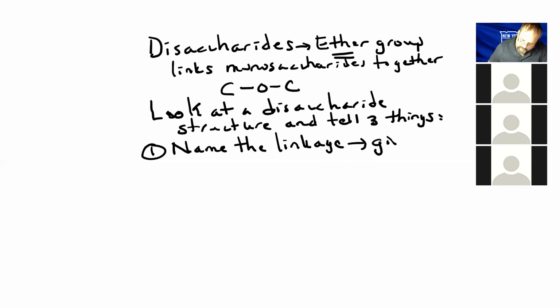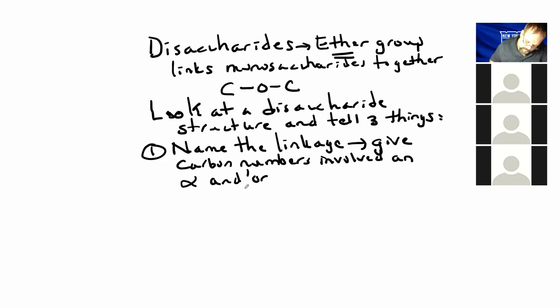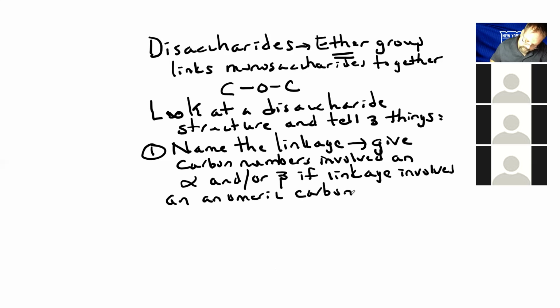You give the carbon numbers involved, and alpha and/or beta if the linkage involves an anomeric carbon or anomeric carbons.